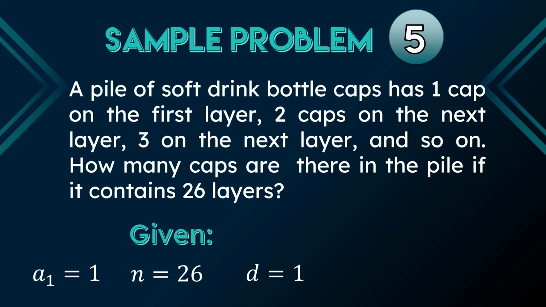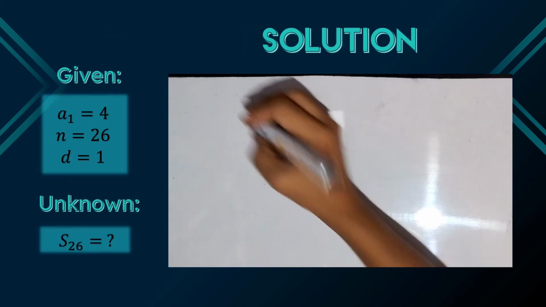Since the problem is asking how many caps are there in the pile if it contains 26 layers, therefore, we are to solve for S sub 26. Since the last term is not really defined on the problem, we will be using the second formula.